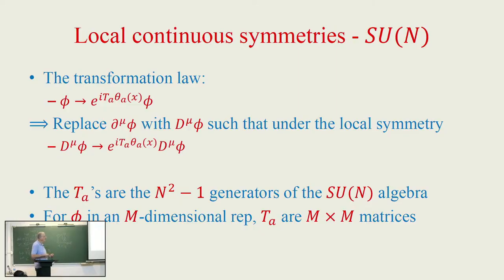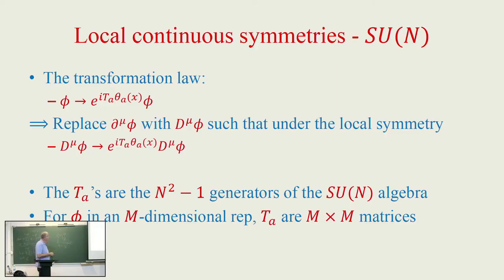D mu must have in it this del mu because we want to keep the kinetic terms, and we can add something else that again transforms like a vector of space-time. Has to have well-defined transformation properties under space-time if we want the Poincaré group to remain an invariance of our Lagrangian. So it's clear that what we have to add is something that transforms like a vector, has these 4 mu indices in it.